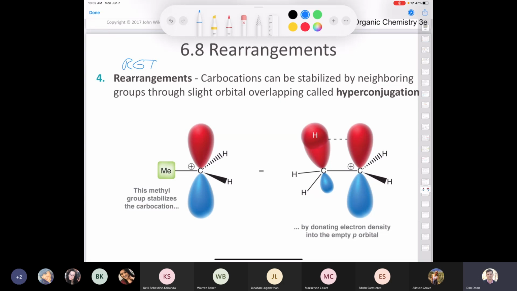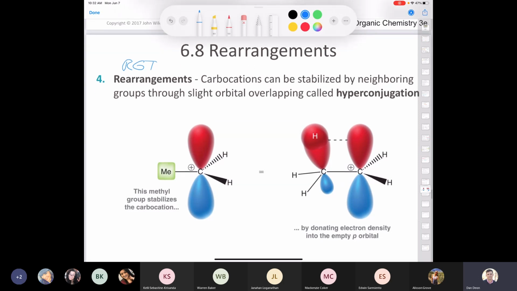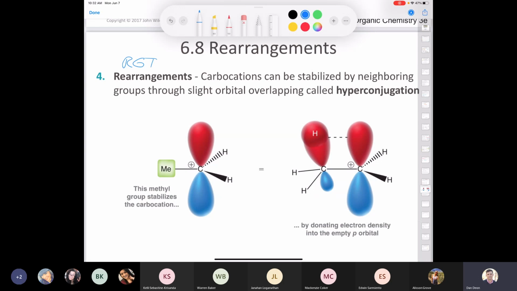We talked about carbocations quite a bit in this class, and we said a tertiary carbocation is more stable than a secondary, which is more stable than a primary, which is more stable than a methyl. The reason why the tertiary is more stable than a secondary, and so on, is that carbocations are stabilized by neighboring groups through slight orbital overlapping that we call hyperconjugation.